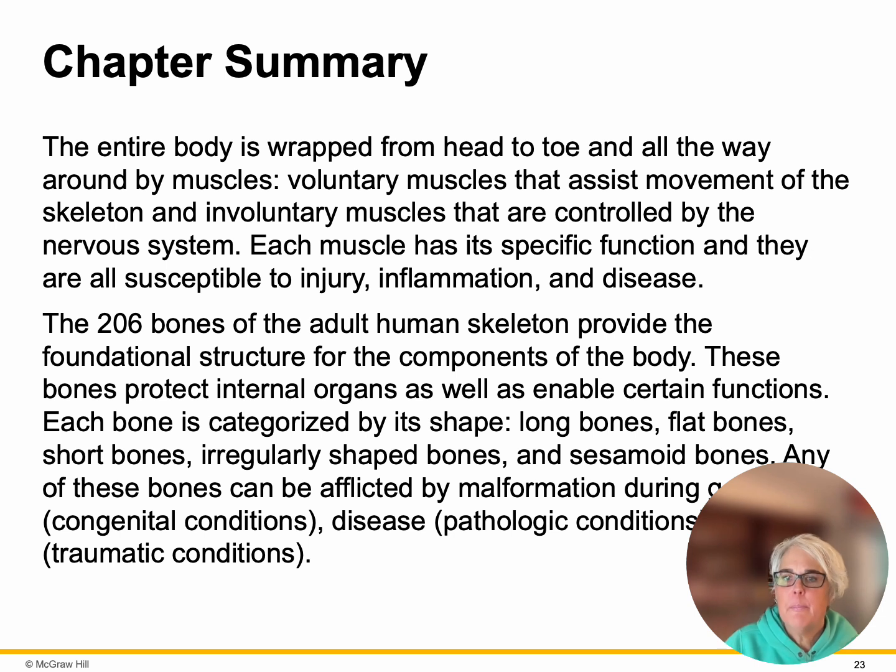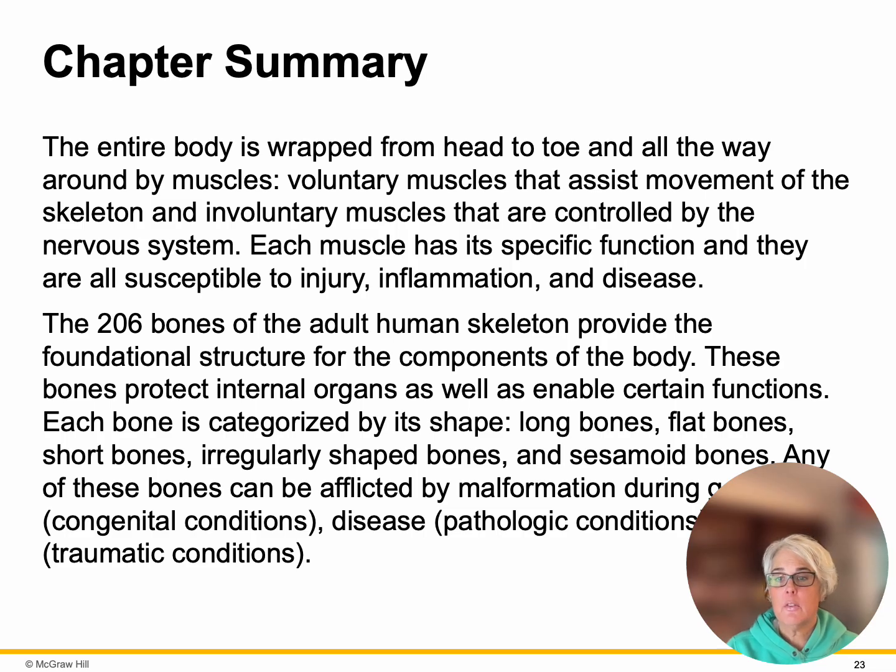To wrap it all up, the musculoskeletal system includes muscles and bones that support movement, posture, and organ protection. The skeleton's 206 bones provide structural support and protection, and they're classified as long, short, flat, irregular, or sesamoid bones.